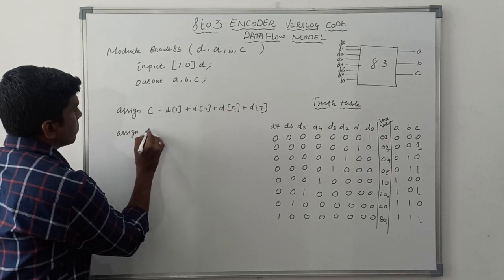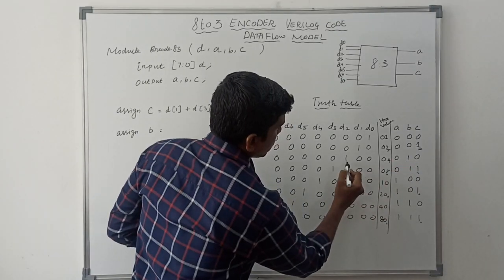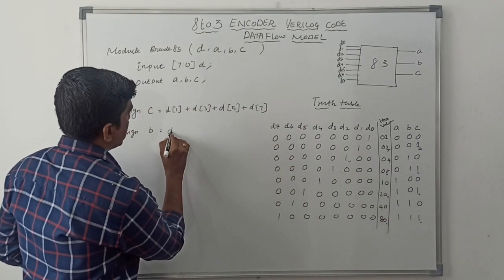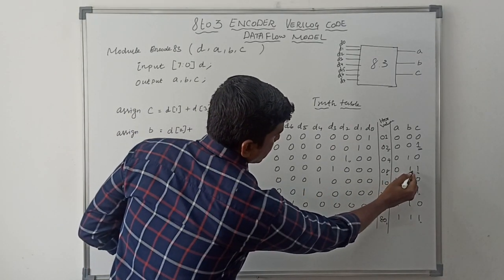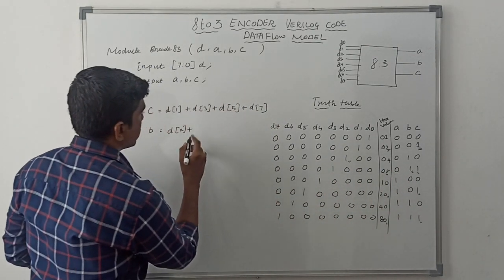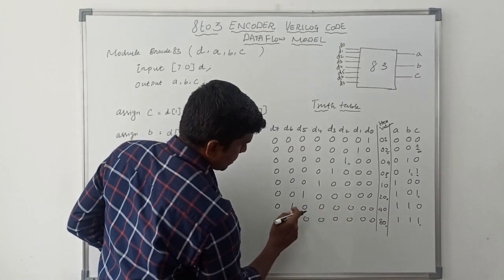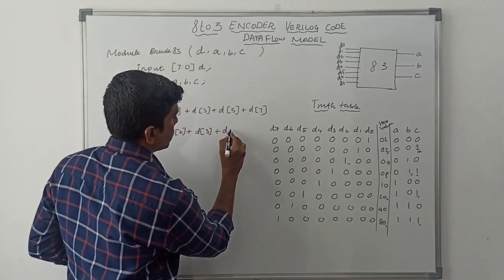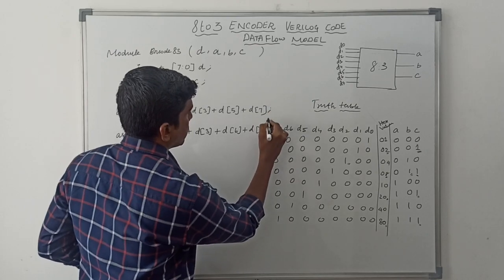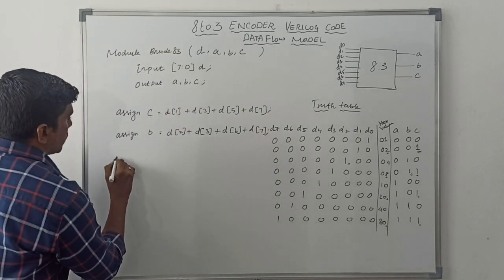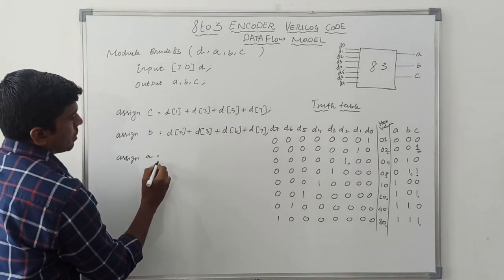Then next, assign B. So B equals D2 plus D3, D6 and D7, so D2 plus D3 plus D6 plus D7. Then assign the A value.